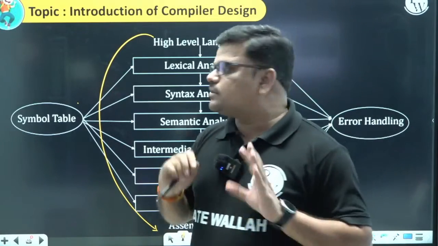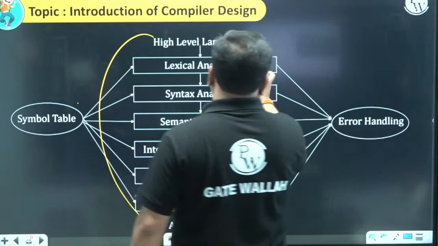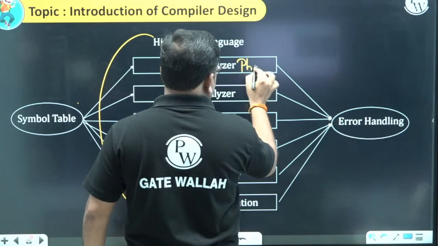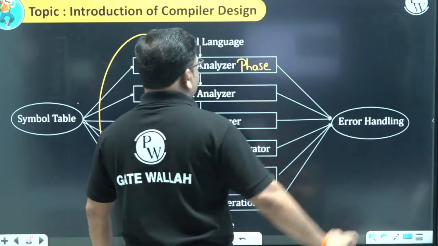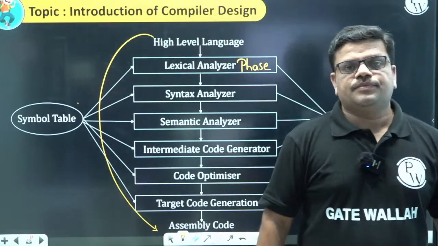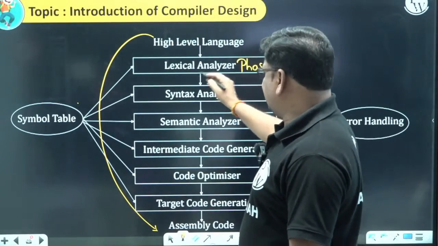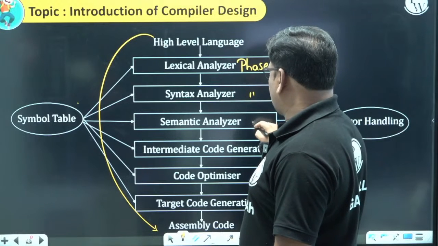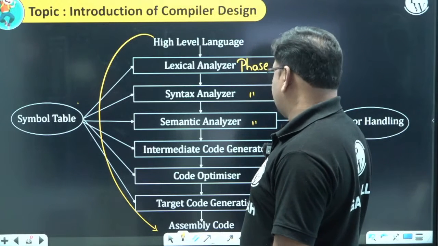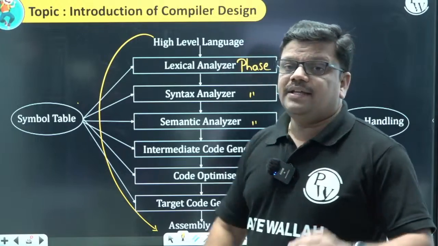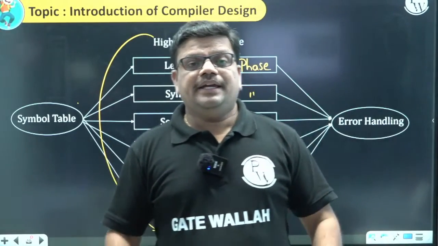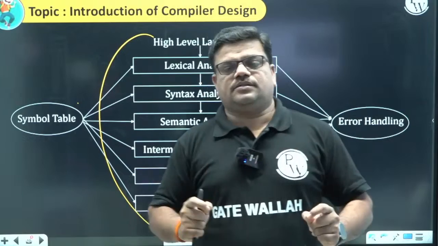Each program is called one phase of the compiler. So these are called the lexical analysis phase, syntax analysis phase, semantic analysis phase. Each one is called one phase of the compiler, and each will do one particular task.